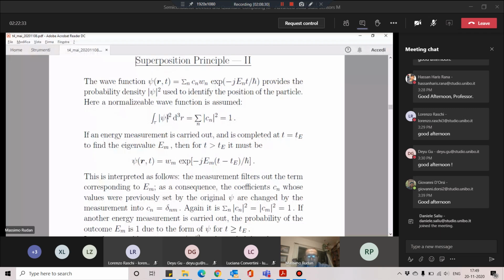Now, assume that we have a particle that is described by this wave function, and that we start a measurement of energy. Energy is one of the possible dynamic quantities, so it is sensible to measure energy. We start at some time, and you remember the measurements take time. Okay, so we assume that there is a time that we call T sub E, in which the measurement of the energy is completed.